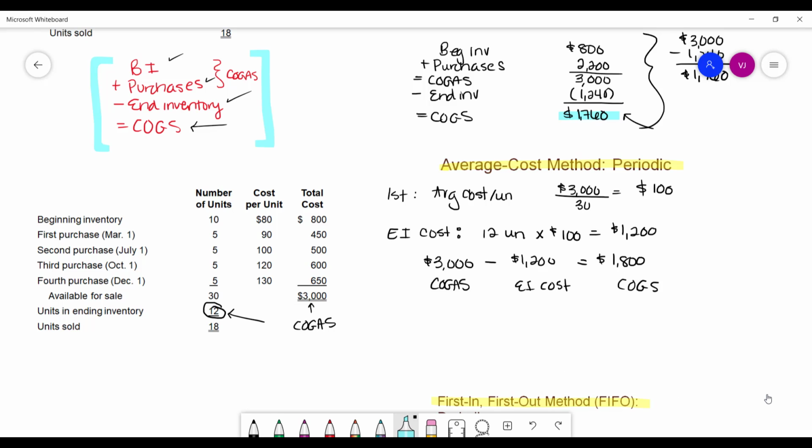So remember, once you find your ending inventory cost and you know your cost of goods available for sale, you can simply subtract the ending inventory cost from cost of goods available for sale to find your cost of goods sold. So that's that for average cost.